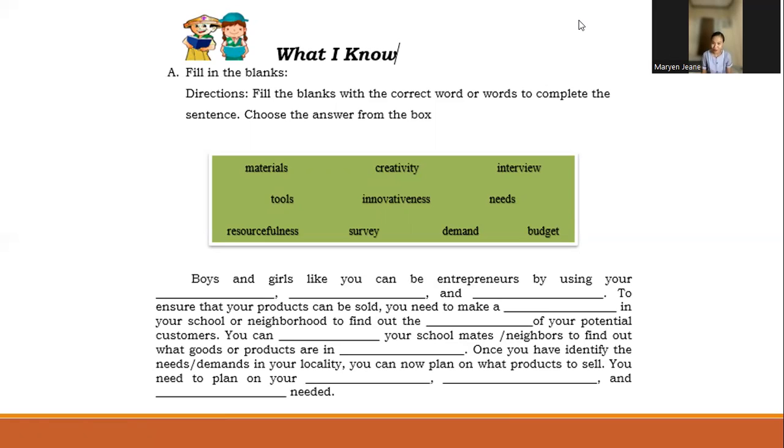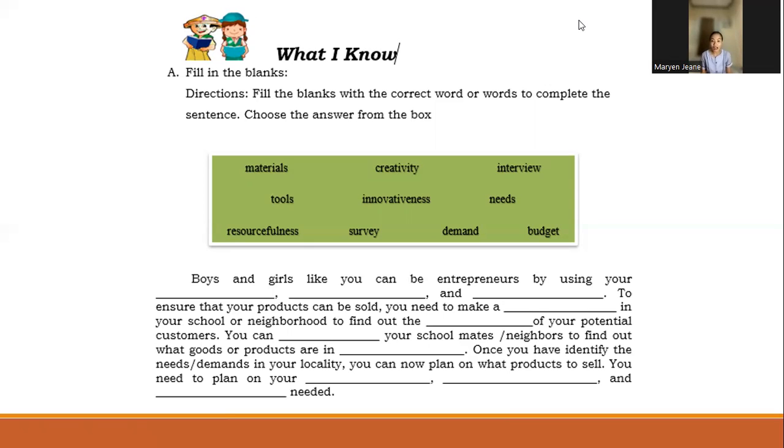Boys and girls like you can be entrepreneurs by using your blank, blank, and blank. To ensure that your products can be sold, you need to make blank in your school or neighborhood.